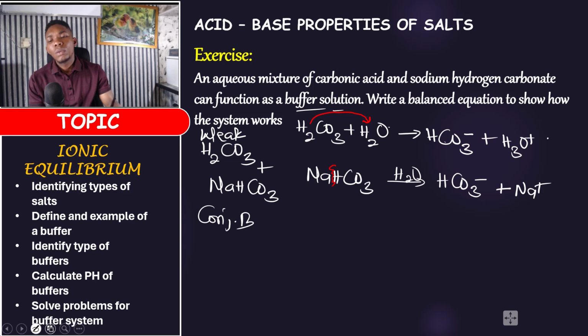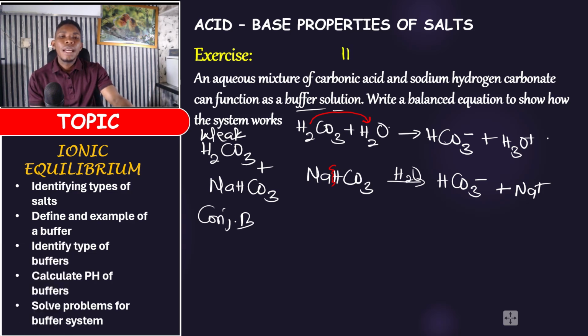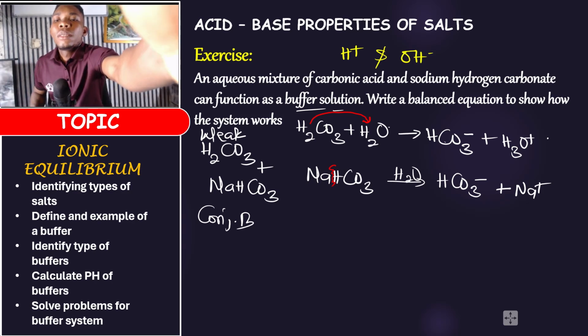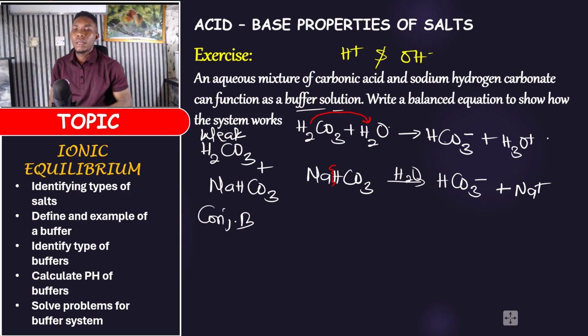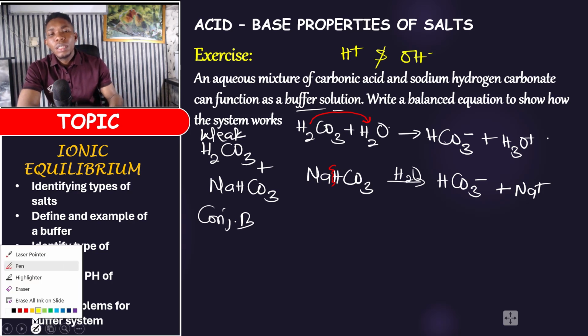Now, what do you think will then happen? If there is excess of H plus, or excess of OH negative, which of them do you think will react with it? Now listen, like I told you before, base will always react with acid, while acid will always react with base. If we have excess of H plus, it means H plus is acidic.